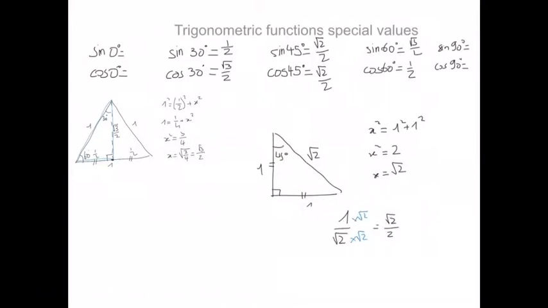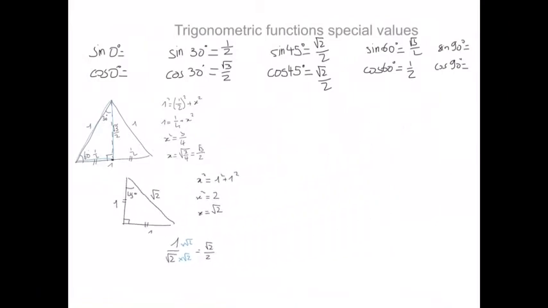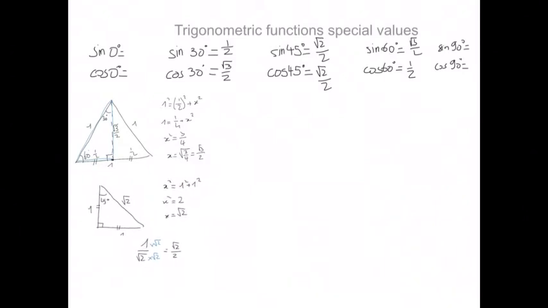So we're almost done. We only need to find the value for sine and cosine at 0 and 90 degrees. And to do so, we will need to have a look at another type of triangles. To understand what's going on here, we need to look at a sequence of right-angle triangles for which one angle is getting smaller and smaller, until ultimately being completely flat.